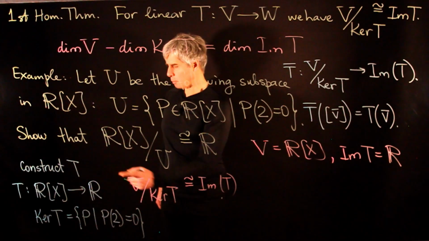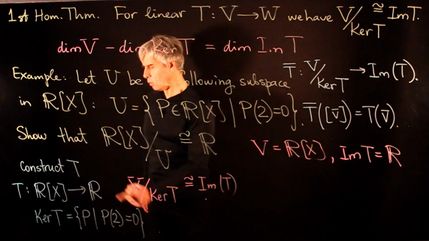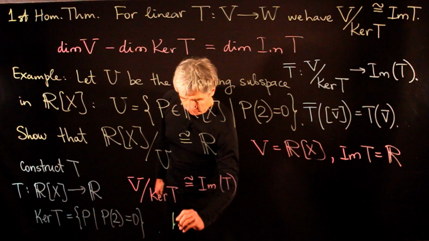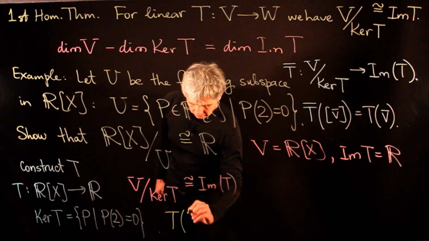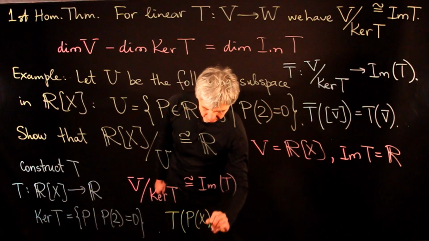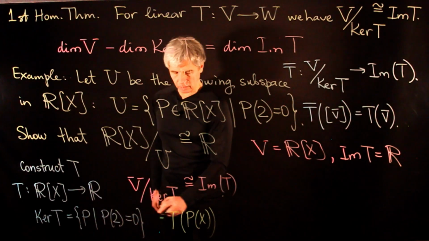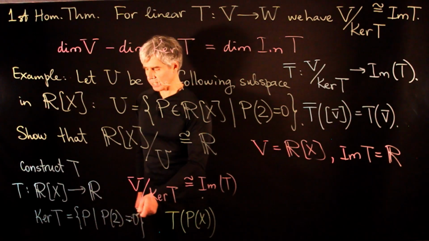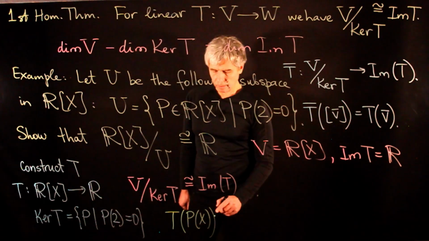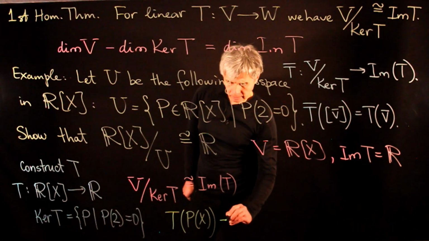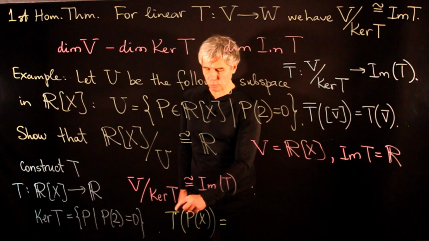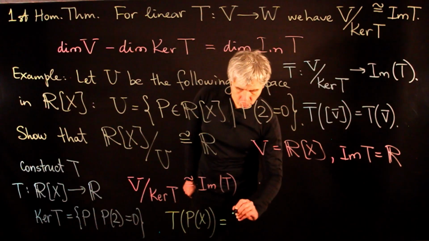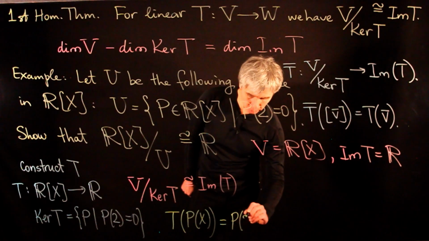So now we have to be clever, and we need to cook up a linear transformation with a prescribed kernel. What should be T of a polynomial P of x? The result should be a number, and our construction of T must have this prescribed kernel. The right way of doing this is to say that this transformation T converts a polynomial P of x into its value at the point 2.